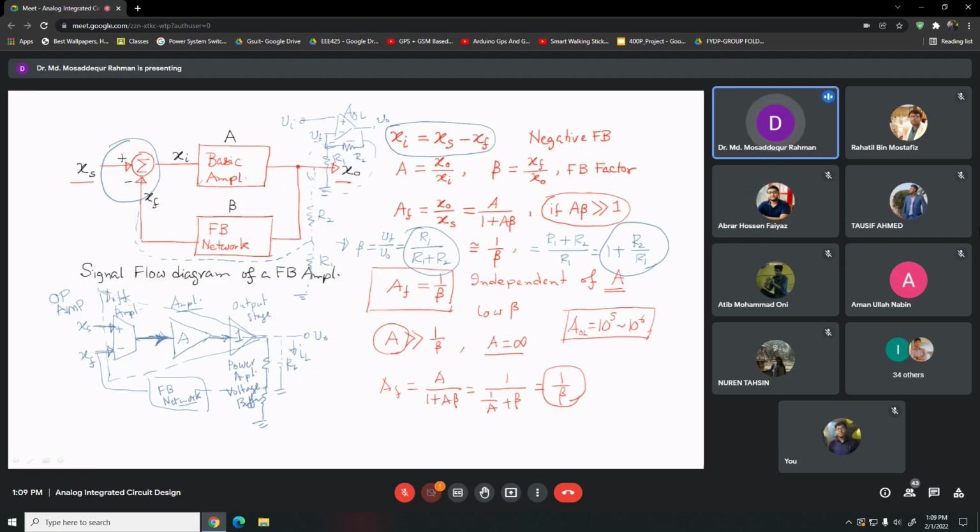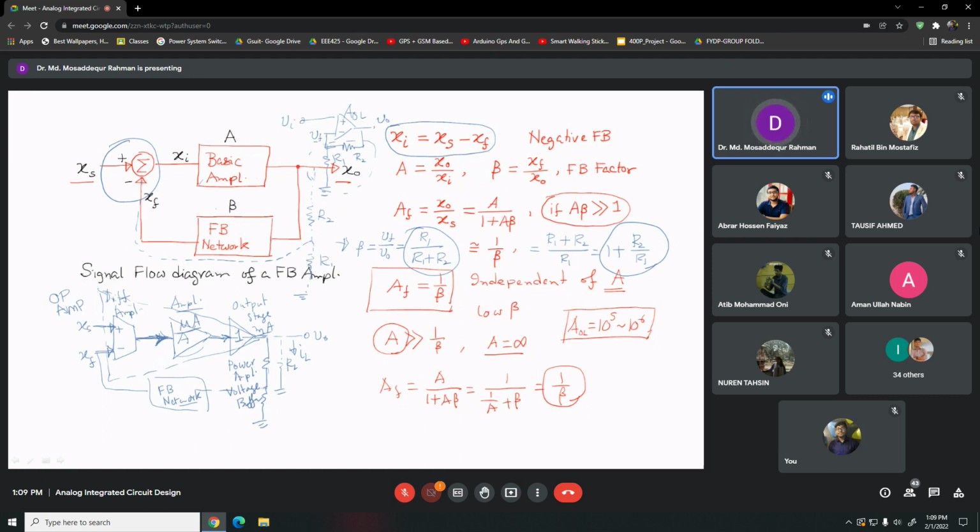Another reason to add this buffer: the current level here in the basic amplifier is kept low, usually near the microampere range. And in the buffer, it will be raised to at least the milliampere range, so that you can perform some regular operation.